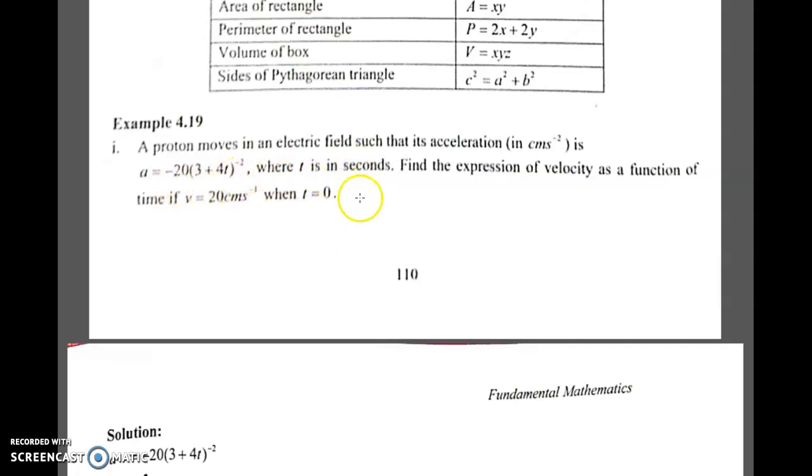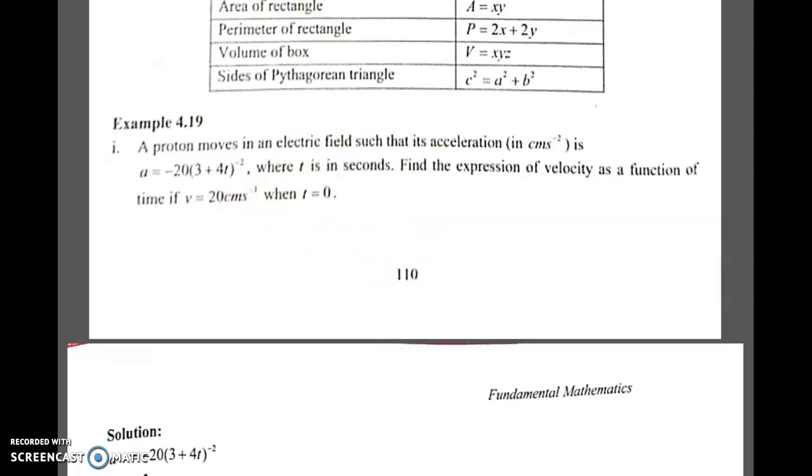What does this mean? t equals 0, velocity equals 20. In other words, the initial velocity of the proton is 20.